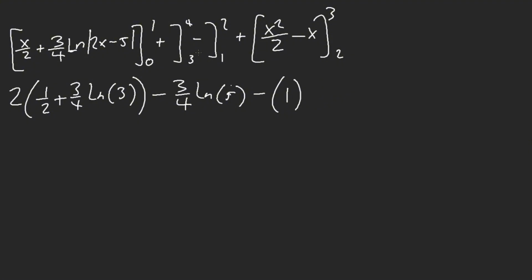Just 1. Okay. And now let's do the middle part. Plug in 4. Okay. We get 2 plus 3 fourths of ln of what? 4 times 2, so 8 minus 5, is ln of 3. Minus, plug in 3, we get 3 over 2 minus 3 fourths of ln of, oh wow, that's also 1.